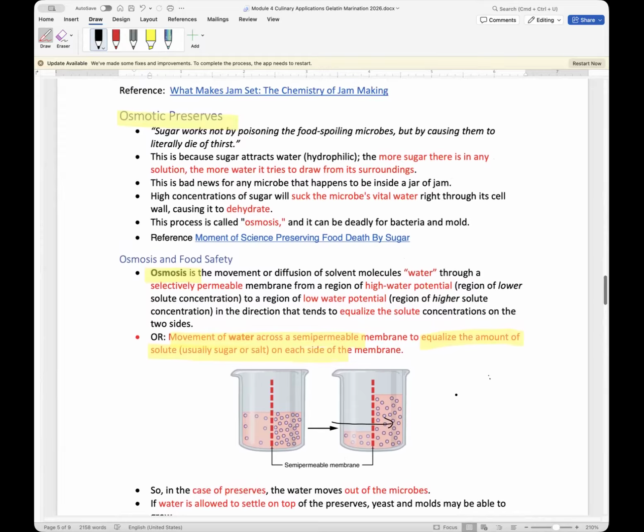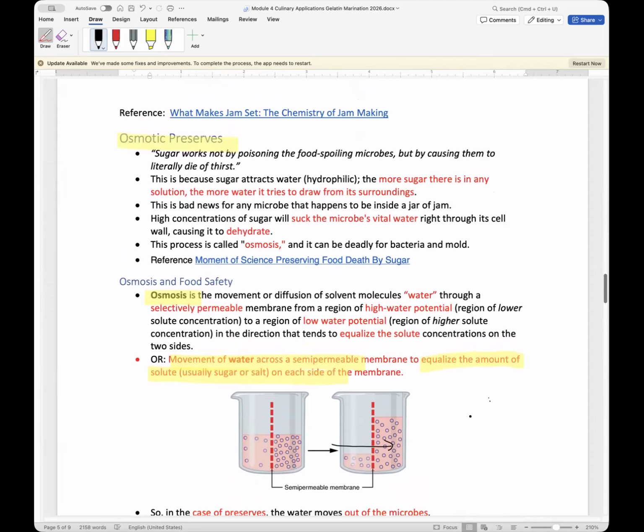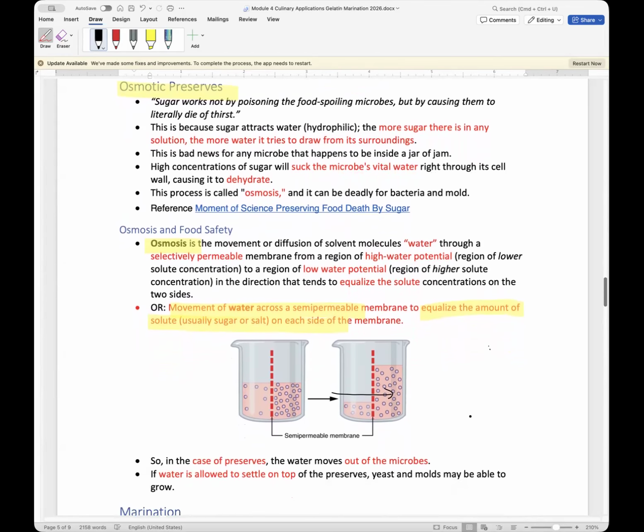And that's why it's called an osmotic preserve. So the important thing to remember about osmosis is, one, this is a semi-permeable membrane, so only the little things go through, not the big things. And in this case, it's the water that's moving, not the sugar. Questions?